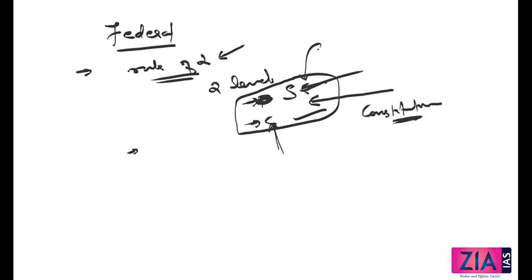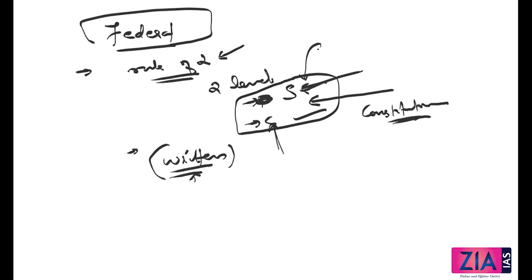In a federal setup, we definitely need a written constitution. Why? Because the separation of power, where the center can influence and where the state should stand, has to be very clear. Otherwise, if nothing is codified, over a period of time the center can overlap on everything related to the state.